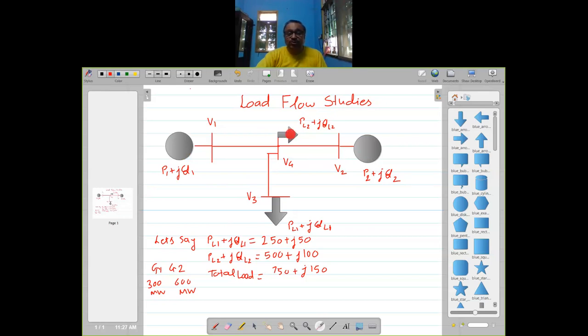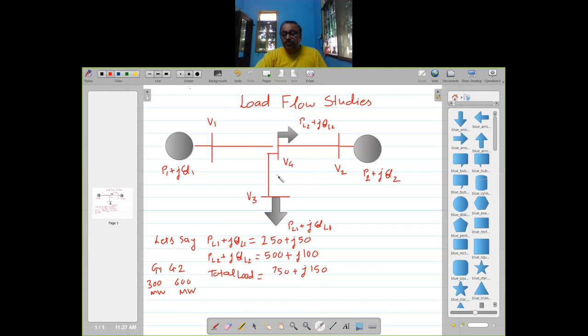These are the two loads. PL2 plus jQL2 is one load and PL1 plus jQL1 is another load. It is just a 1, 2, 3, 4 bus system. So these are the voltages V1, V2, V3 and V4.